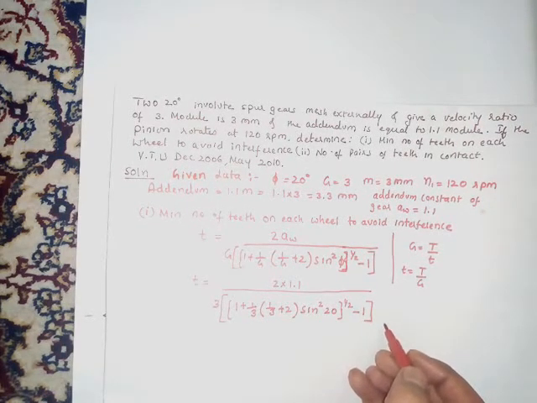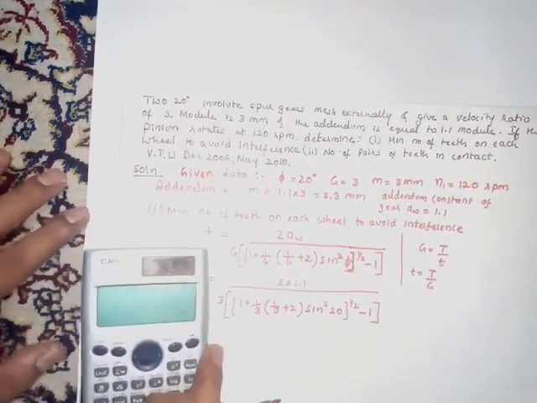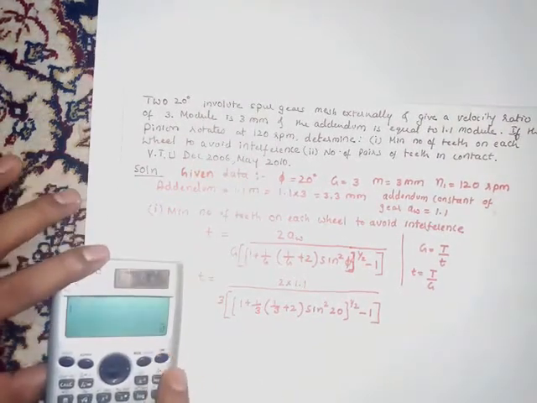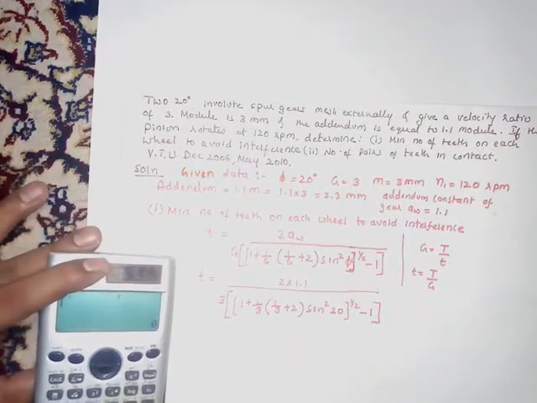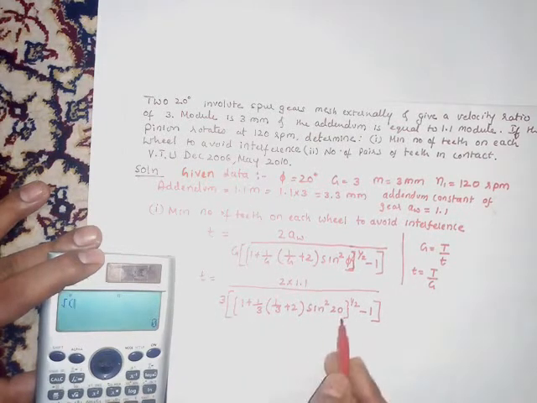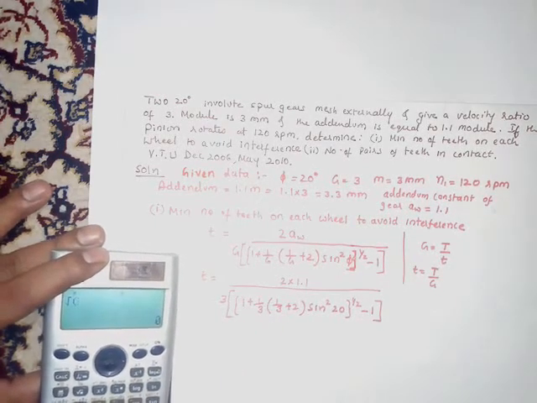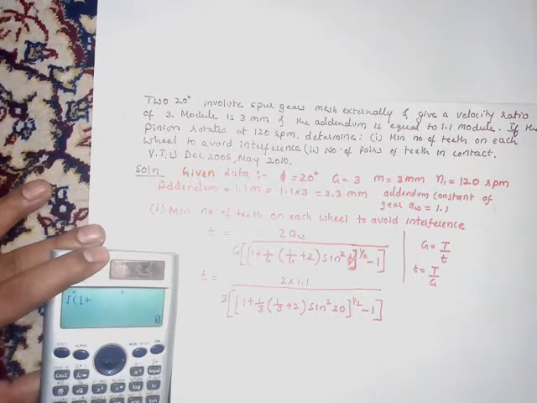So I will have to take a calculator and check the solution. So I'll put square root in the beginning for this raised to half. So I'll take the terms which is under flower bracket.